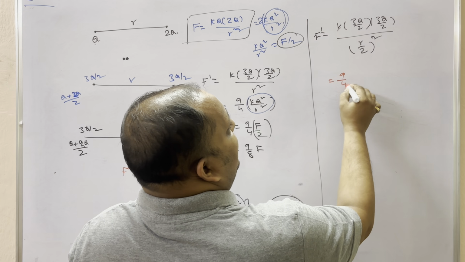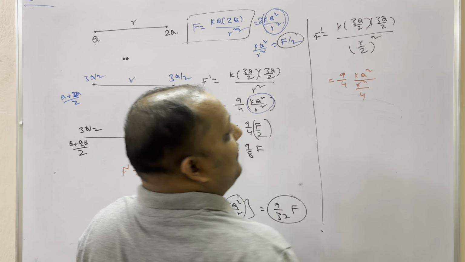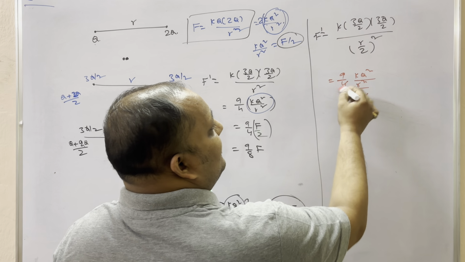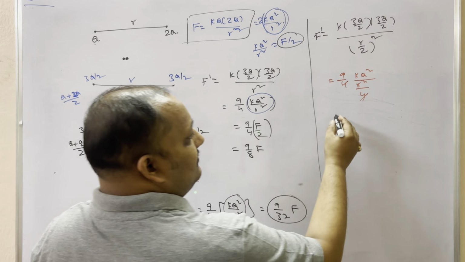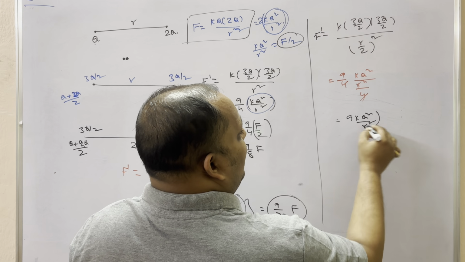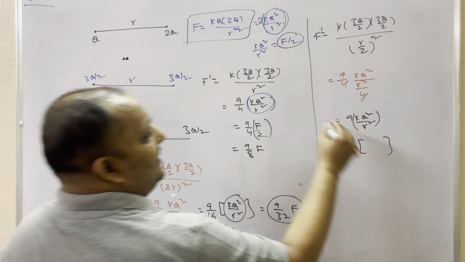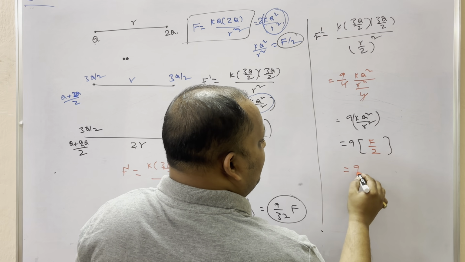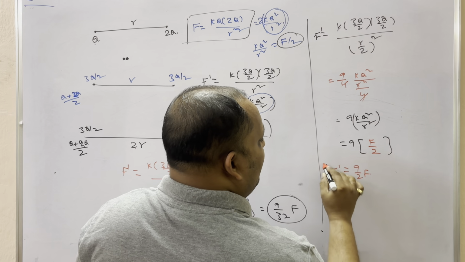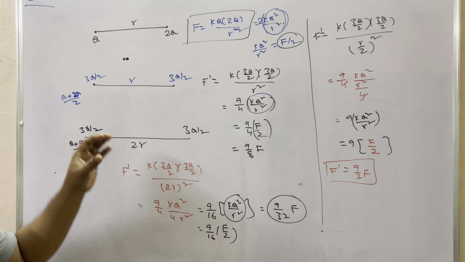So at the time, 9 by 4 kq square by r square by 4. So this 4 and this 4 will be cancelled. So 9 kq square by r square. What is kq square by r square again? It is going to be F by 2. So 9 by 2 F. See how the problem is going to be changed whenever they are changing.